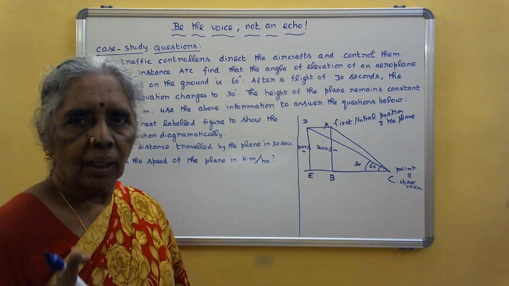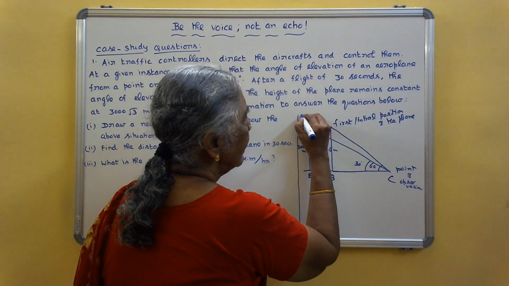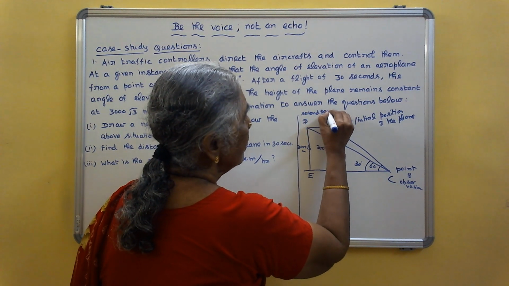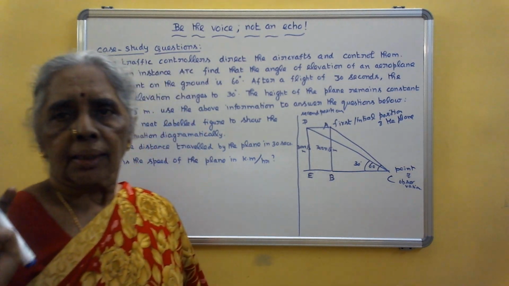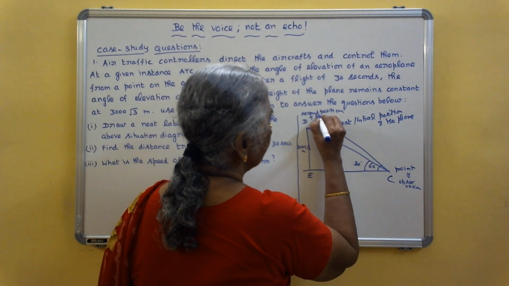Now, this D is the second position, that is after a flight of 30 seconds, second position of the plane.